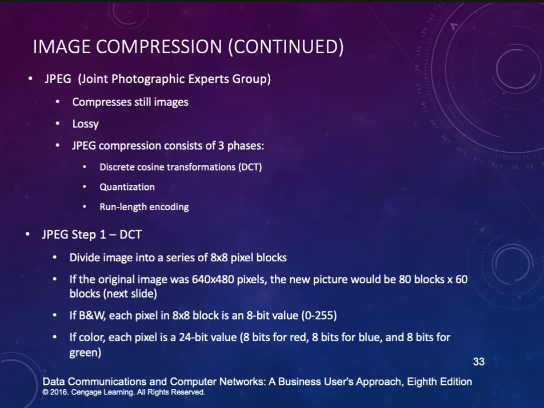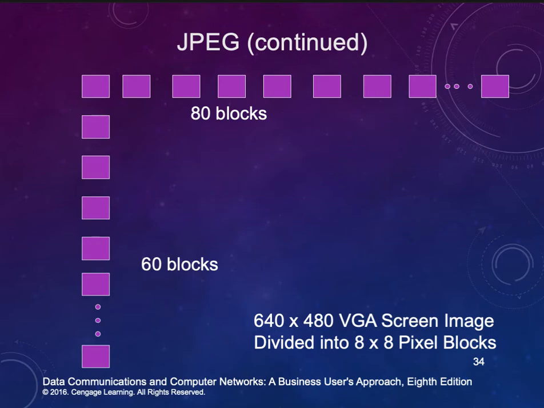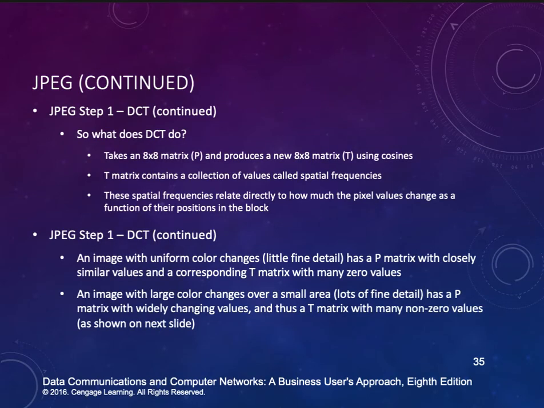Let's take a look at the blocks. 640 by 480 here, divided into 8 by 8 pixel blocks. So technically your picture is divided into individual blocks, subdivided, and each block is being computed. So what does it do?